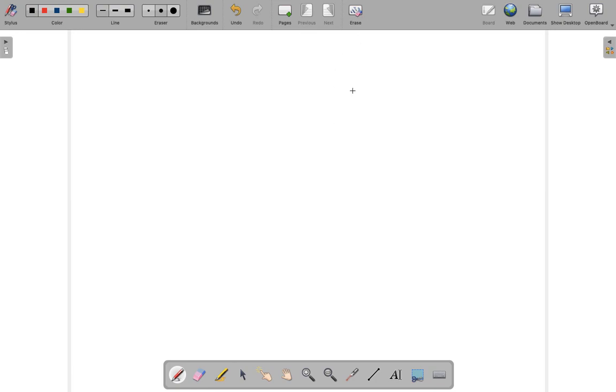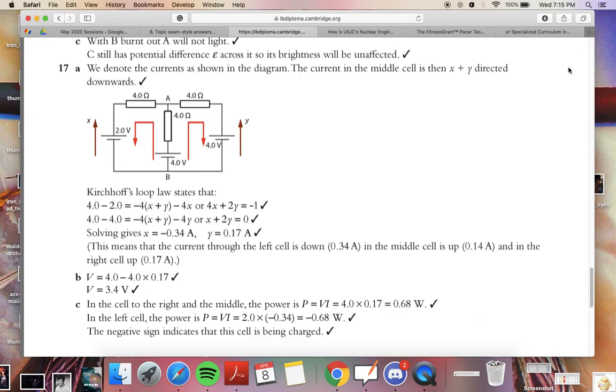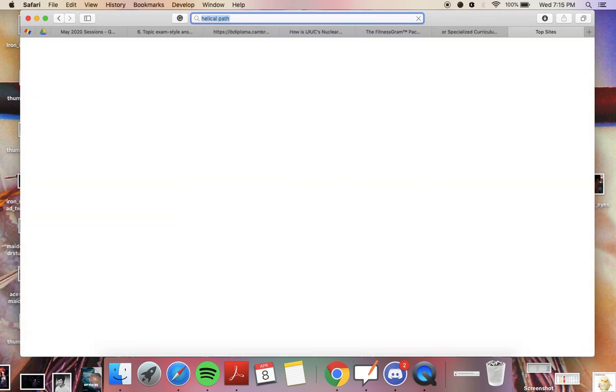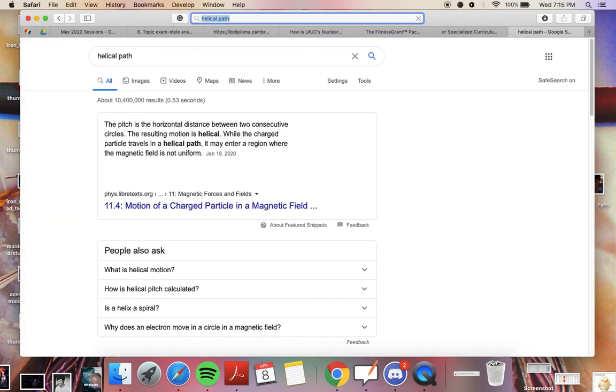I'm not sure what a helical shape is. Let's see what they're talking about. Helical path. Oh, I see. That's what they mean. Okay.